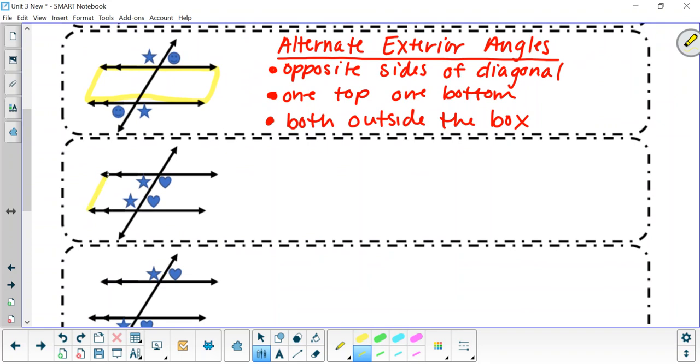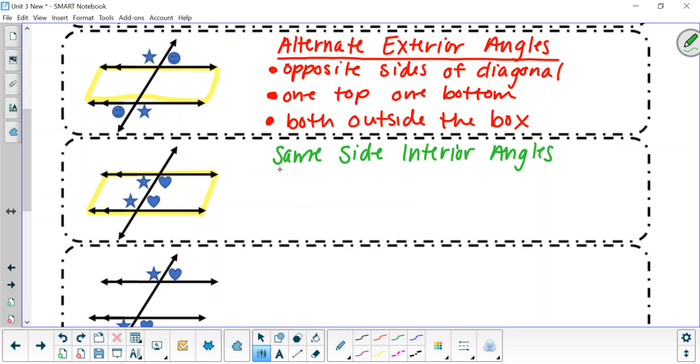So again, we're going to make our box with our highlighter, our colored pencil, whatever color you chose. These are what we call same side interior angles. Slightly different from the alternate ones.